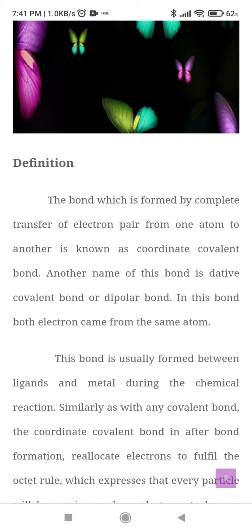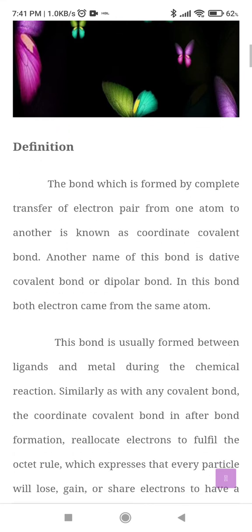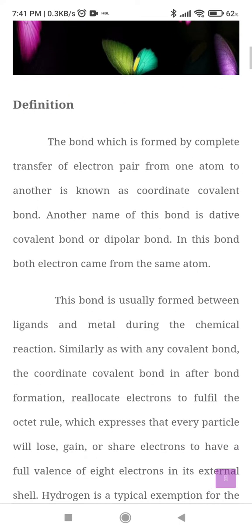Like in the previous bonds, we saw that an ionic bond is formed by the complete transfer of one electron from one atom to another atom, and a covalent bond is formed by the sharing of electrons. But in a coordinate covalent bond, the bond is formed by a complete share of an electron pair from one atom to another.